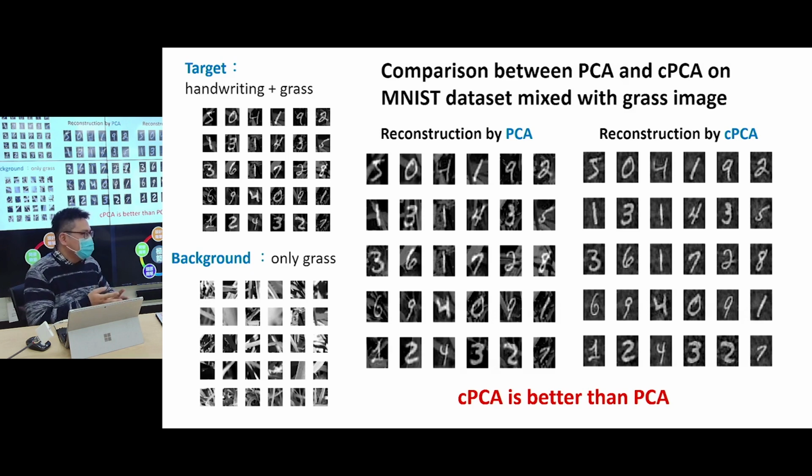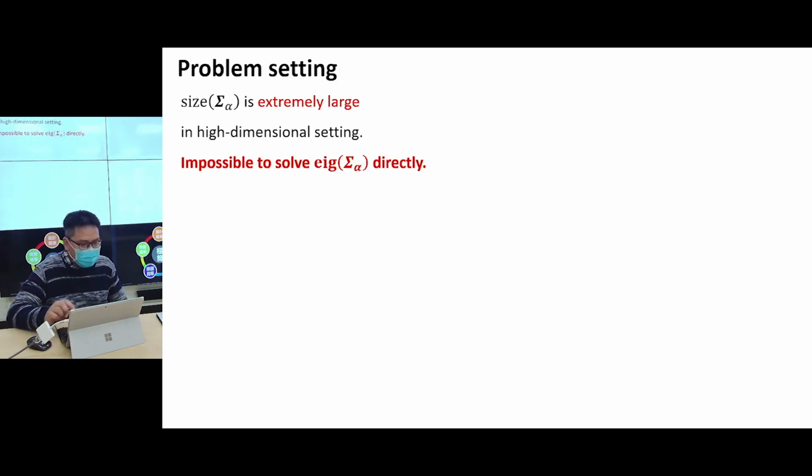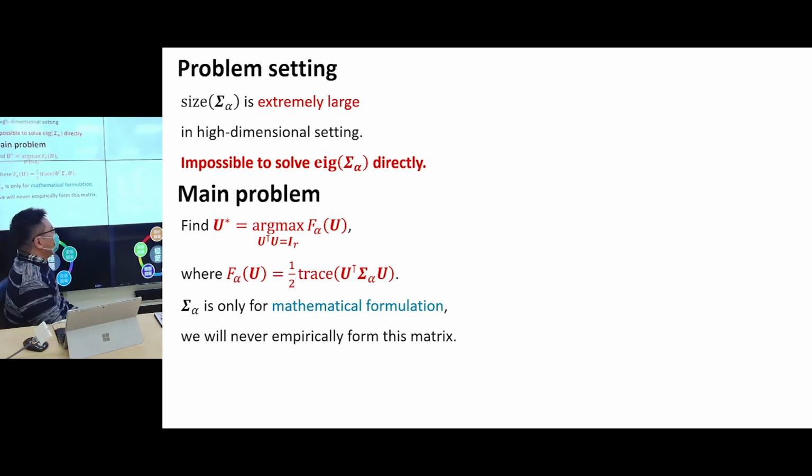It is impossible because Sigma_alpha is of big size, extremely large in the high dimensional setting. So it is impossible to solve the eigenvalue decomposition directly. So we convert this problem to a maximization problem here.